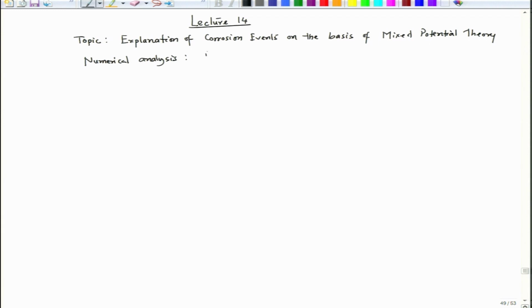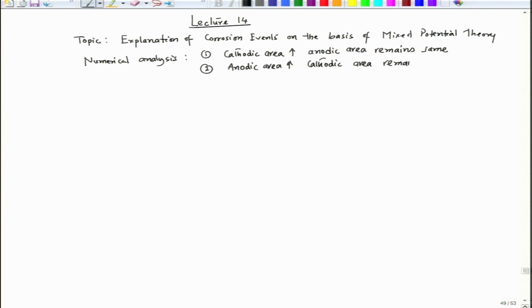For two situations. One is when cathodic area increases, the other things remaining the same, and the second is when anodic area increases but the other things remain the same. So we will solve some problems for these two situations.